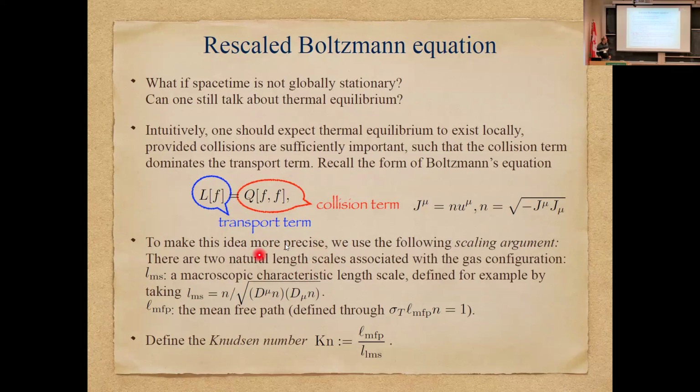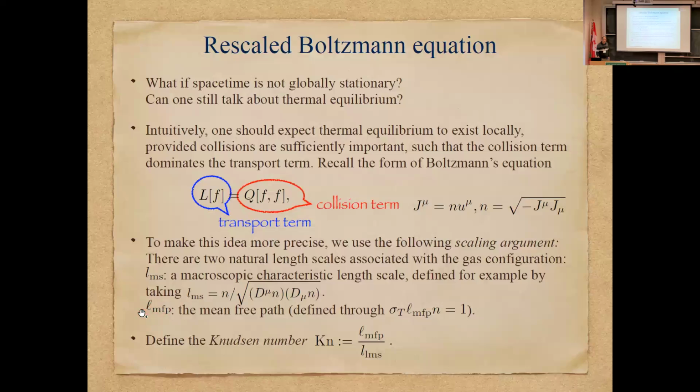We assume that there is a macroscopic length scale, over which the macroscopic quantities vary. You can define it, for example, by taking the particle density, which is just the norm of J mu, and you divide by the norm of its spatial gradient. That defines a length scale.